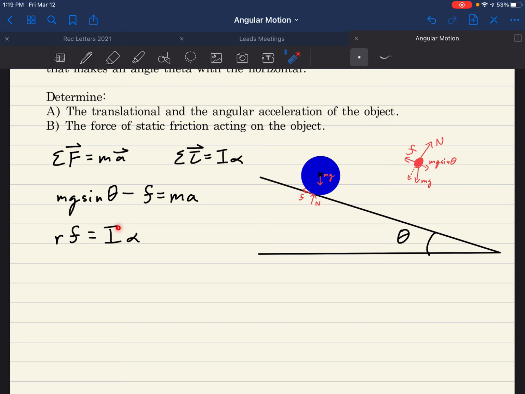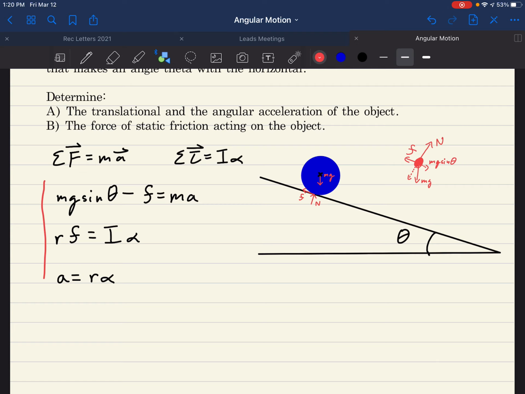Now we just have to start solving. There are three unknowns: the angular acceleration of the object, the translational acceleration of the object, and the force of static friction. I've got two equations, but I have another one too, because I can relate the angular acceleration to the linear acceleration. So I've got my three equations, and now I should be able to solve.